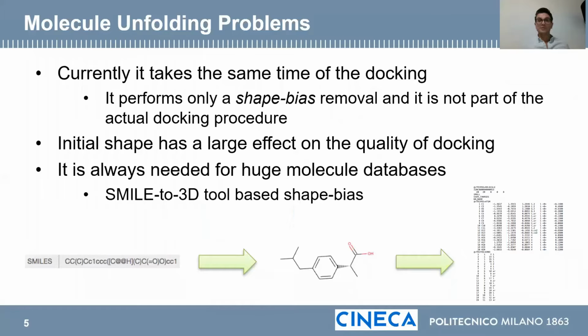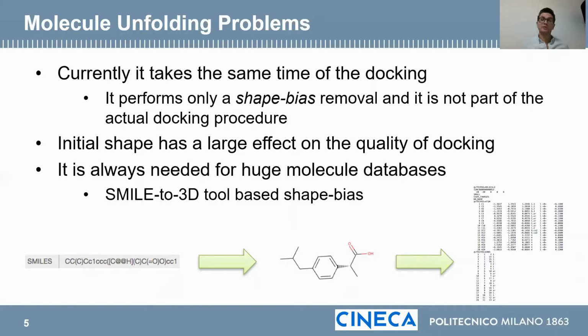Currently, the ligand expansion is taking as much time as the docking, and this phase is very important because the quality of the ligand expansion is reflected throughout the whole molecular docking process. What is happening?